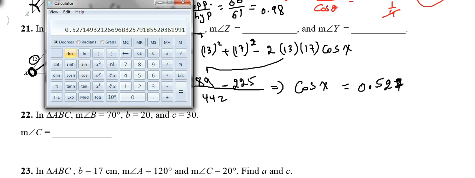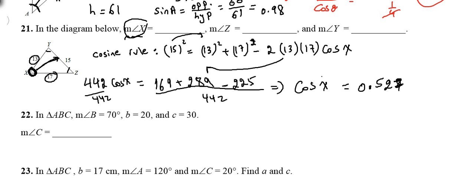We say inverse cosine because if cosine X equals 0.527, what is X? Shift cosine of this number, we get X, the arccosine. The answer will be 58.18. So how much is X? To the nearest whole number, X is 58.